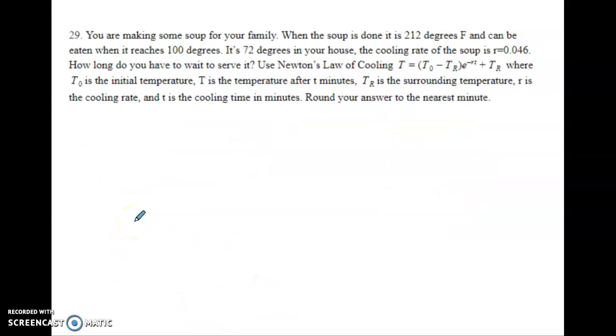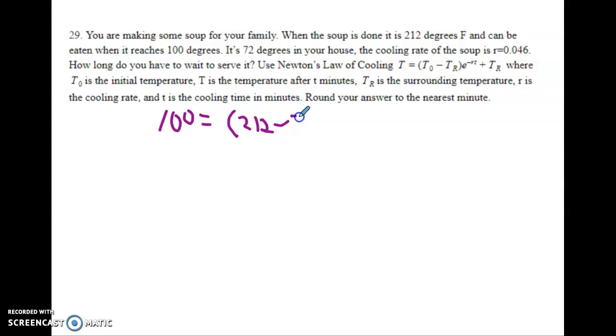Number 29. We are going to use this equation right here. So T is the temperature after 2 minutes, and you want it to be 100 degrees. That's the temperature you're waiting for it to cool down so you can eat it. The initial temperature, or when you're starting the cooling down phase, is 212.